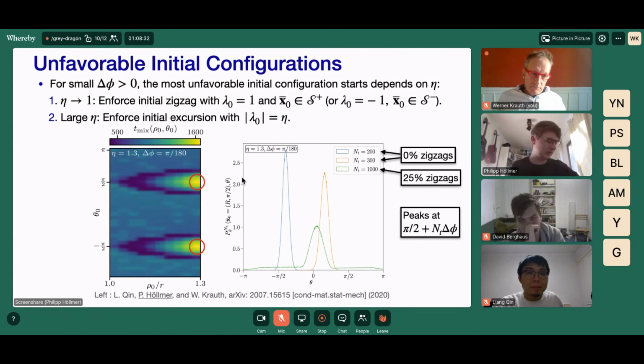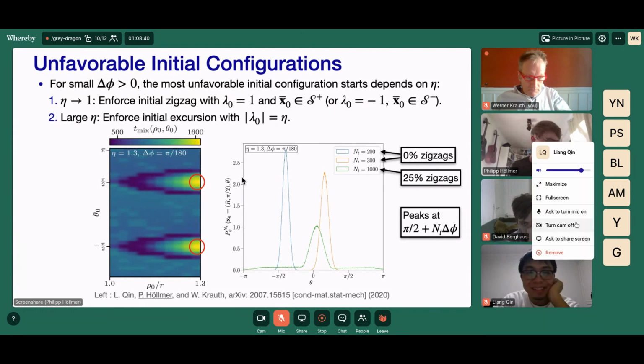Liang, I have the answer, by the way. The expectation of the change of the dipole angle is only 0 if you average over all initial configurations. However, we don't do that here. We always start from the same configuration. So now the change can actually be non-zero, and basically has to be for the excursion, because we start with an excursion.